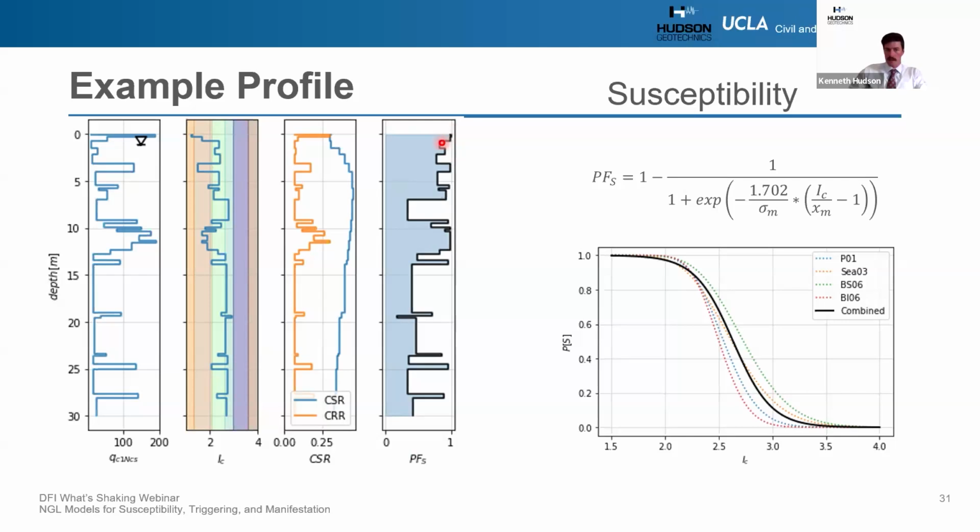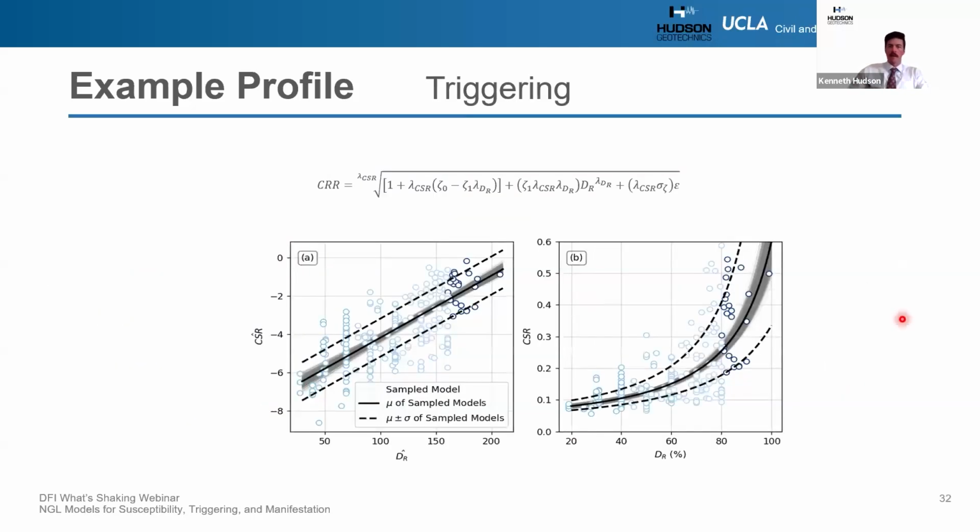So you can see step by step each layer. There's some layers that are more susceptible, some that are less susceptible as we step through the profile. And it's entirely just a function of the I sub C. Then we can evaluate the triggering of every single layer conditioned on susceptibility. So this is assuming that it's a purely sand-like material and it is susceptible. What is its likelihood to trigger?